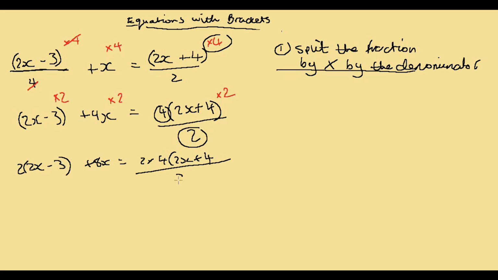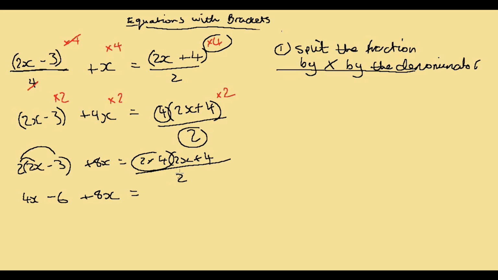But in fact, let's go to this next step. Let's multiply this whole bracket out. 2 times by 2x and then 2 times by minus 3. So that makes a 4x take away 6. And then we've got to add an 8x.